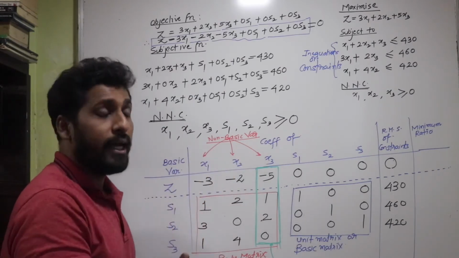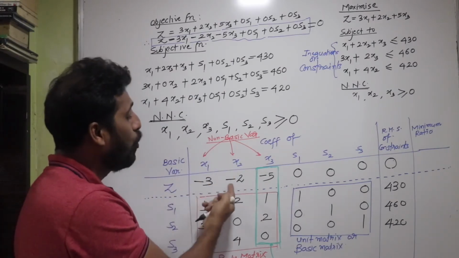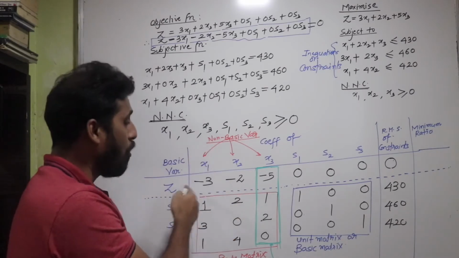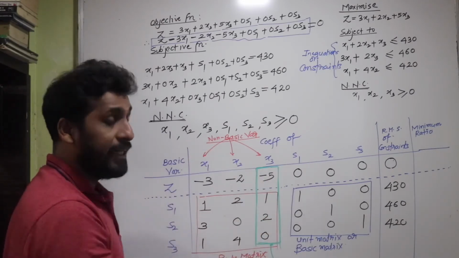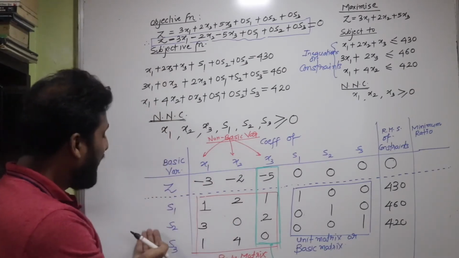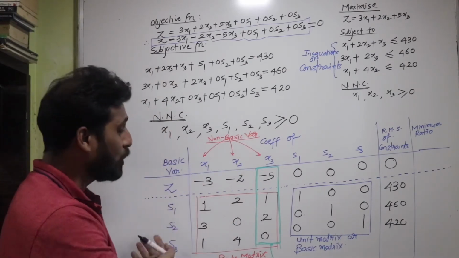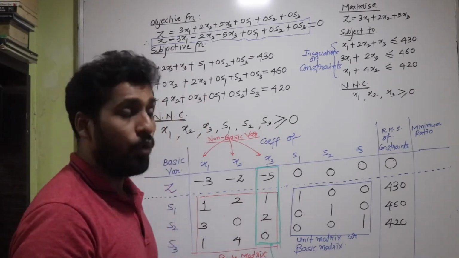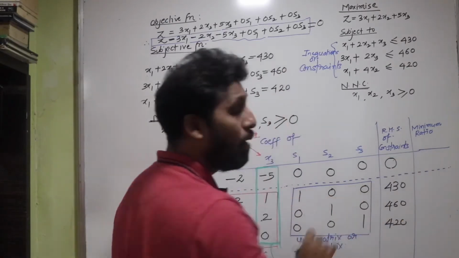How did I realize which one is going to come? I have taken the most negative number from the row of Z. It was x3. So x3 becomes my incoming vector. Now if x3 comes in, some variable has to go from here. That can be decided by the minimum ratio.